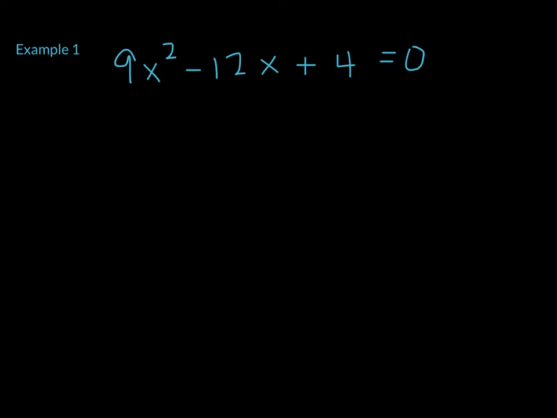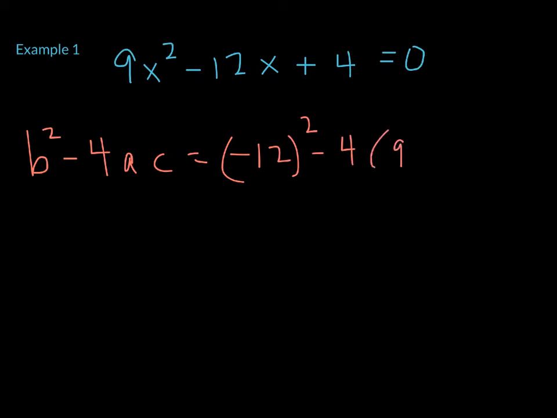The discriminant is b squared minus 4ac. So b squared would be negative 12 squared, minus 4 times a, which is 9, times c, which is 4.